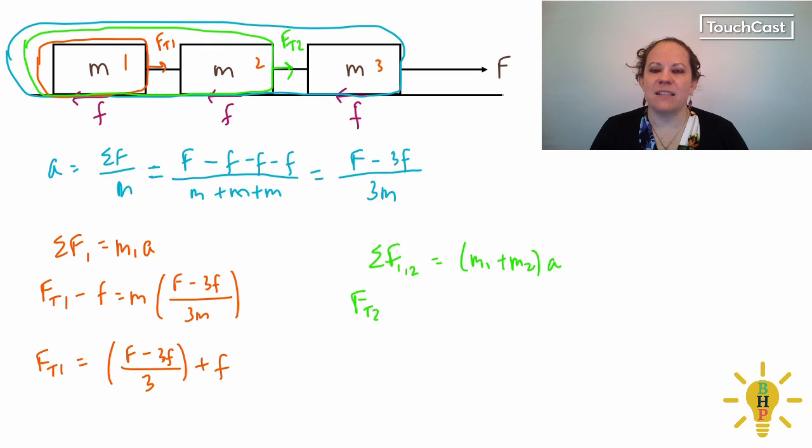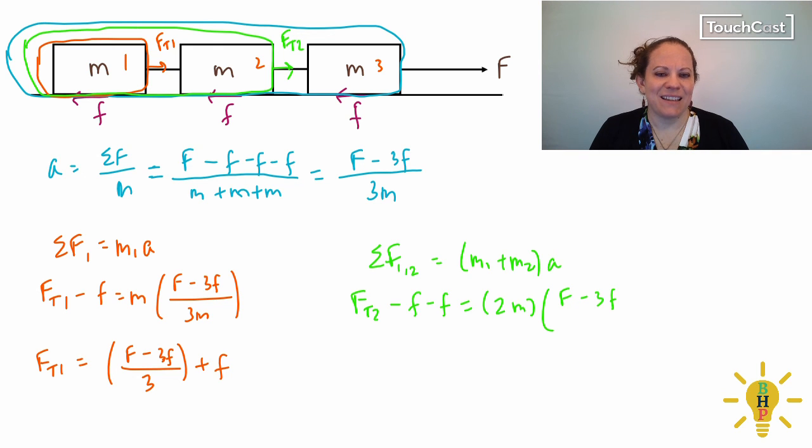And in this case, we're going to have 2 frictions subtracted. I could just write 2m for that, make it easy. And then we're going to have F minus 3f.